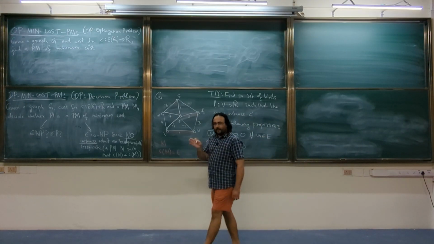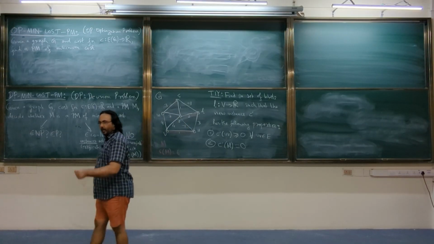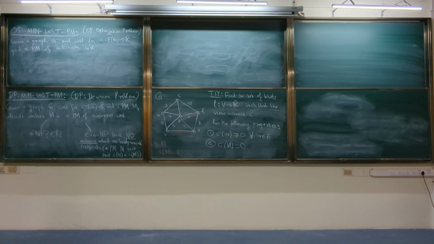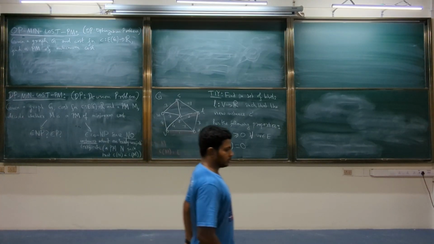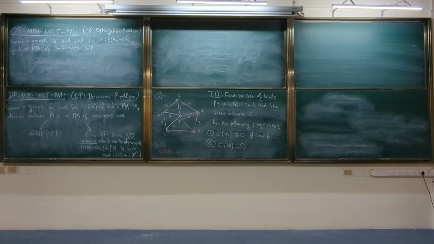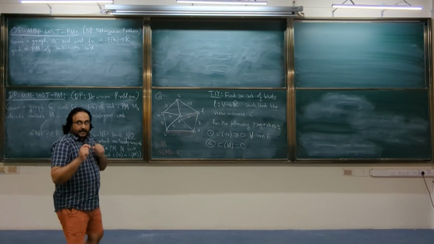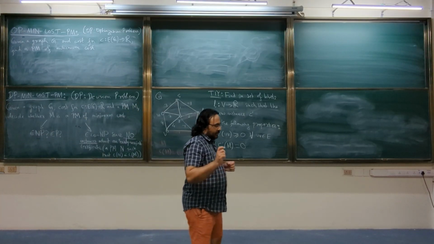I want to directly define it for each edge. So what is happening at each edge? What is the cost of each edge in the new instance? What should I subtract from it? Someone? Yeah? The minimum cost is there. Why minimum? That it remains positive all the way. No, so remember what we are doing.